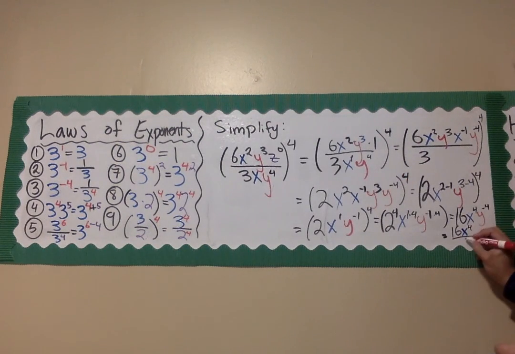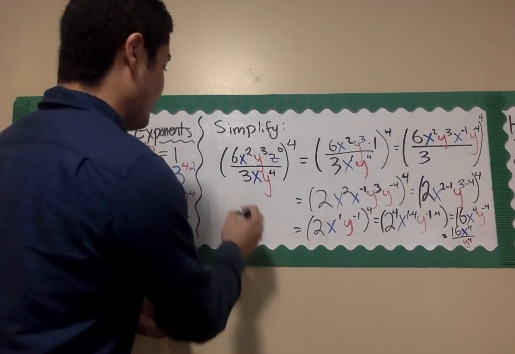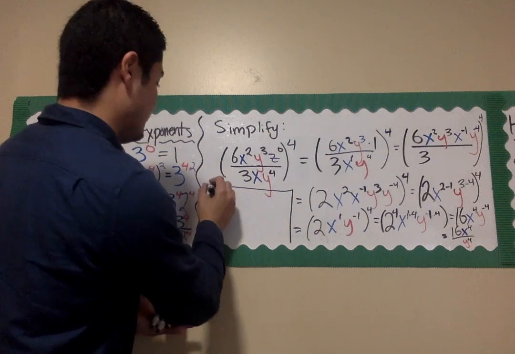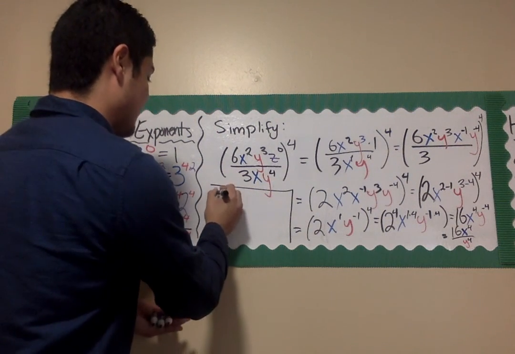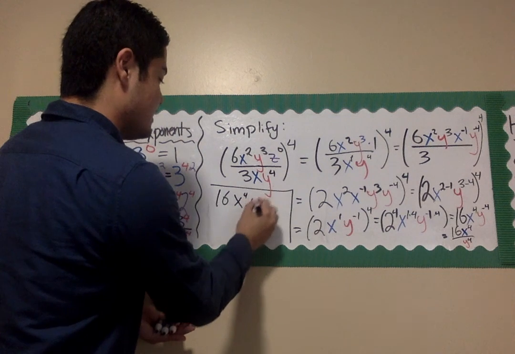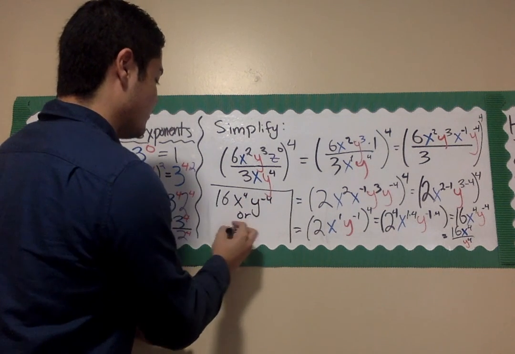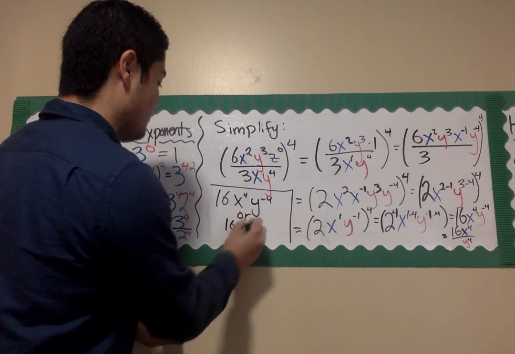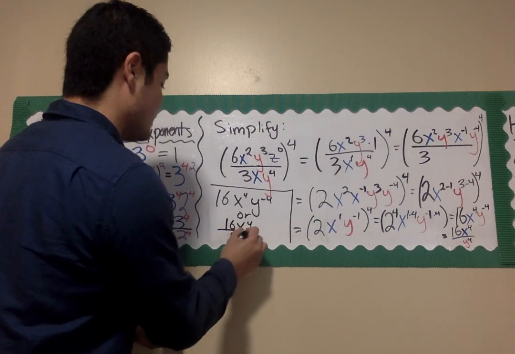So this will become y to the power of positive 4 in the denominator. And we're done. So I wrote it kind of small there. I'm going to rewrite my simplified answer here. You can either have written it as 16 times x to the 4 times y to the negative 4, or you could have written it as 16x to the 4 over y to the positive 4.